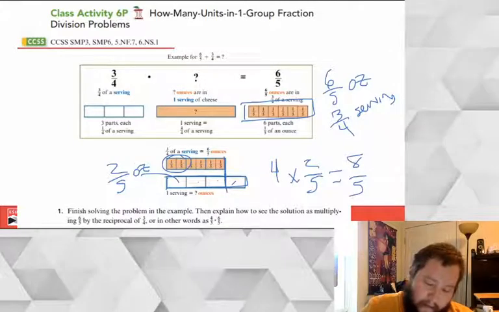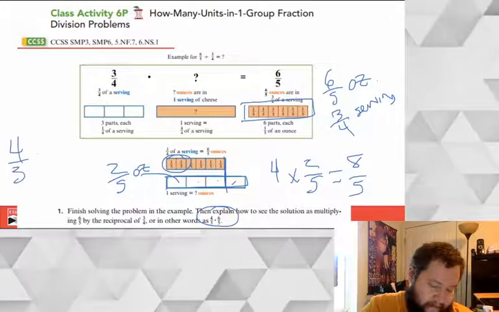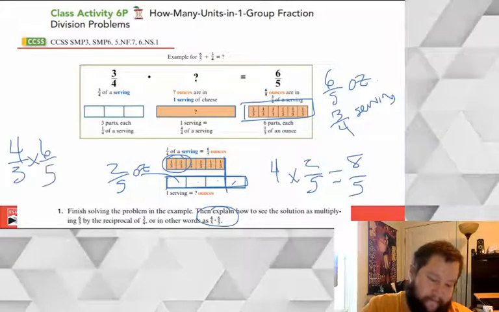But it says, well, where is 4/3 times 6/5 in all of this?